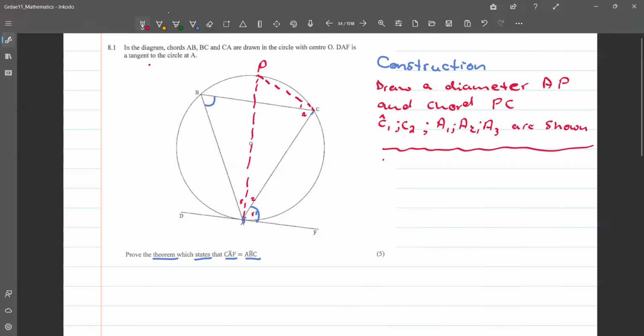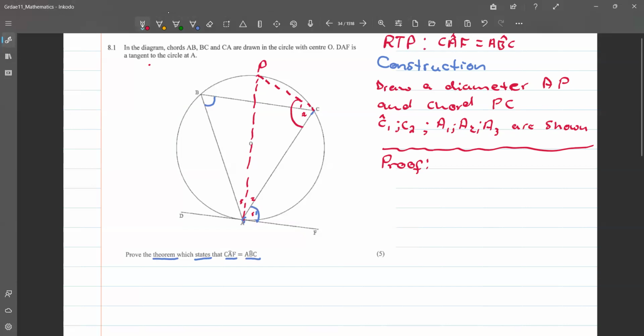Now we go to the next step. We are now going to prove the theorem. Let's remember what we are required to prove. What you are required to prove, which is RTP, is the statement here: angle CAF equals angle ABC. Now we are proving the statement. Step number one, you must remember when you've drawn a diameter, you have created angles in a semicircle, right? So maybe start there if you want to.